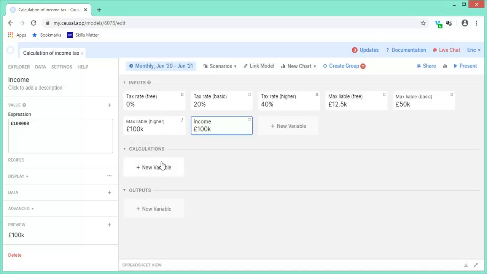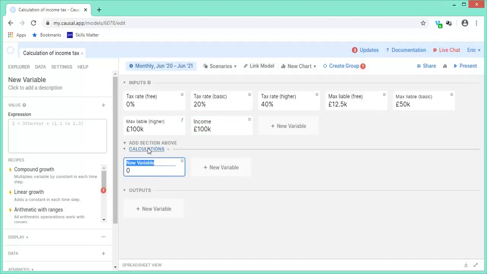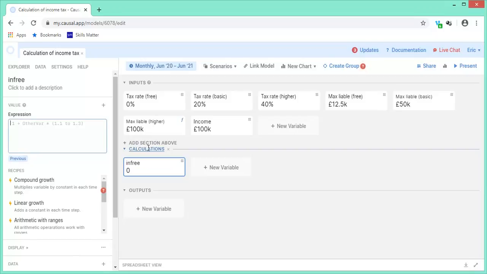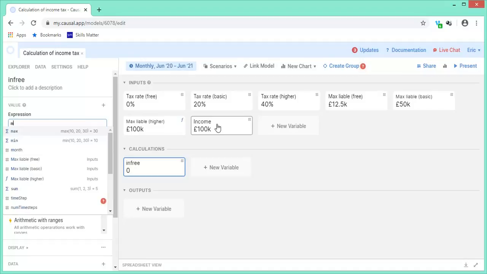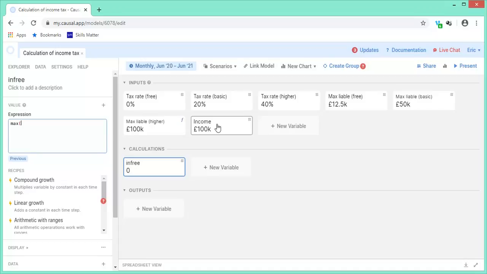So the first thing we'll look at it like a pipeline. So the first entry in the pipeline would be the income that goes into the free band. So I'm going to call that in free. And the income that will go will be the maximum of the income and 0.